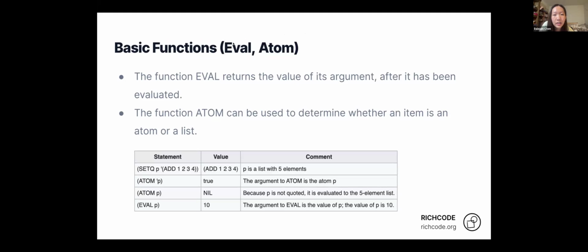So here, when we have atom of apostrophe P, it will return true because the argument to atom is the atom P. Because P is the list with 5 elements. Okay, so let's continue.